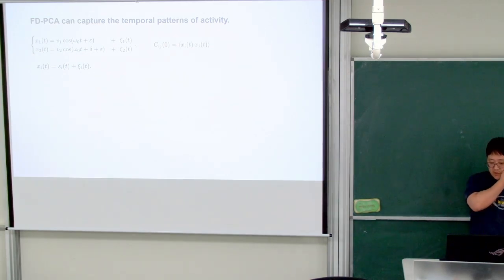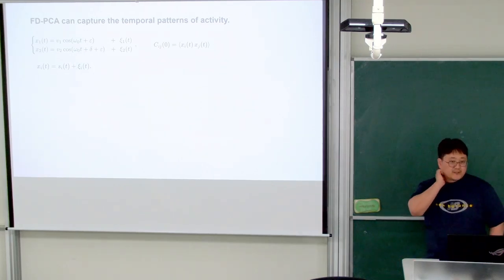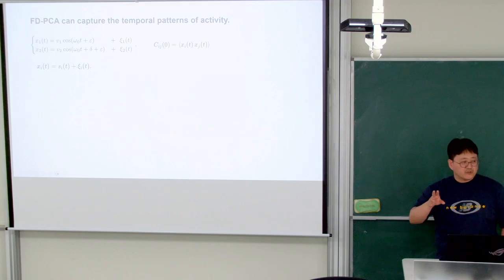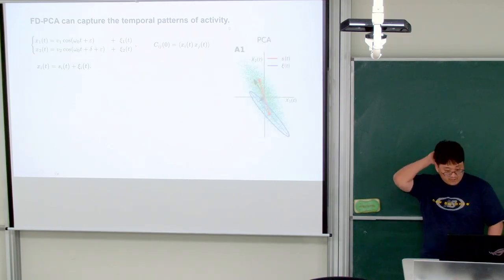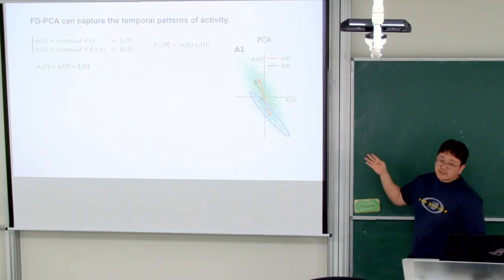The typical PCA method is just calculating the covariance matrix at a specific time. Here the zero corresponds to the tau, so there's no time lag. After applying the PCA on this covariance matrix, you get this result.